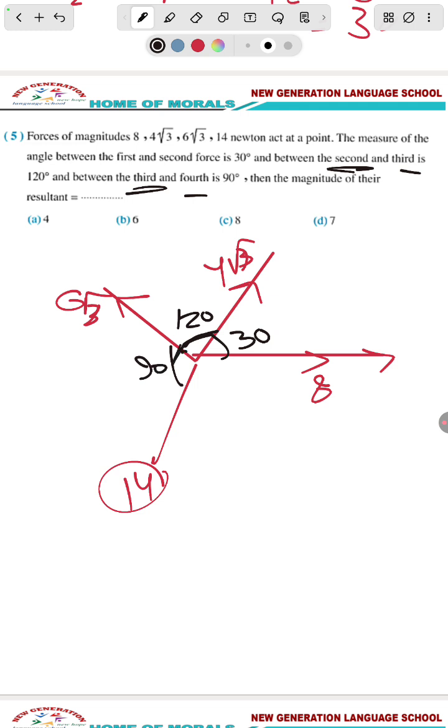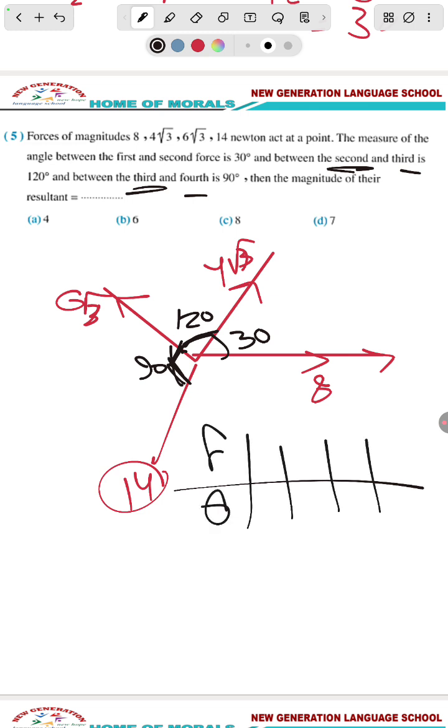So this is a right angle. Okay, we can solve as here F and here theta: 8, 4 root 3, 6 root 3, and here 14.